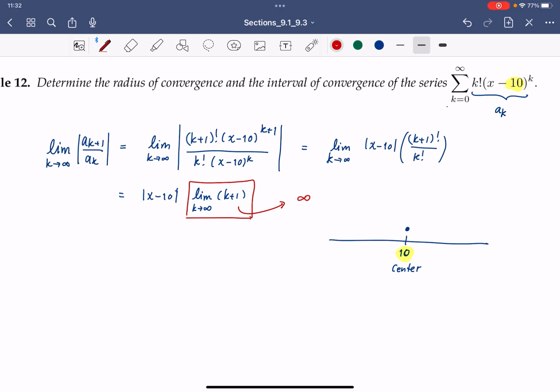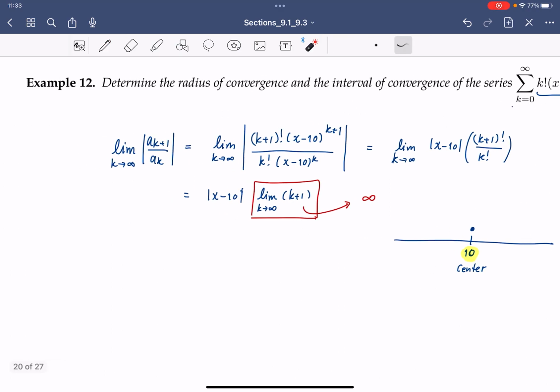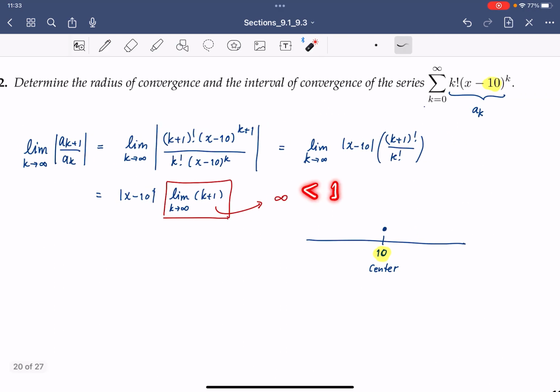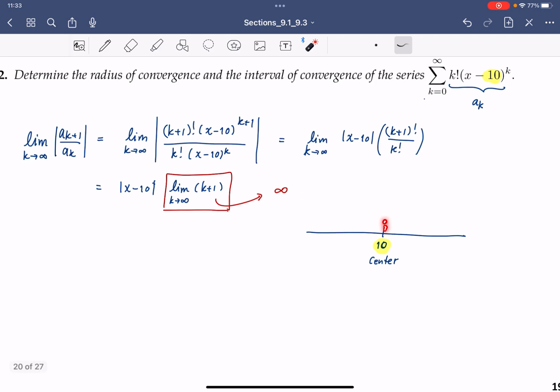This is the case where you cannot bound this thing by 1, because if this thing is less than 1, it's going to be convergent by the ratio test. But there's no way it's going to be less than 1 unless you plug in the center. If you plug in the center, it clears out and you get 0 to the k already.